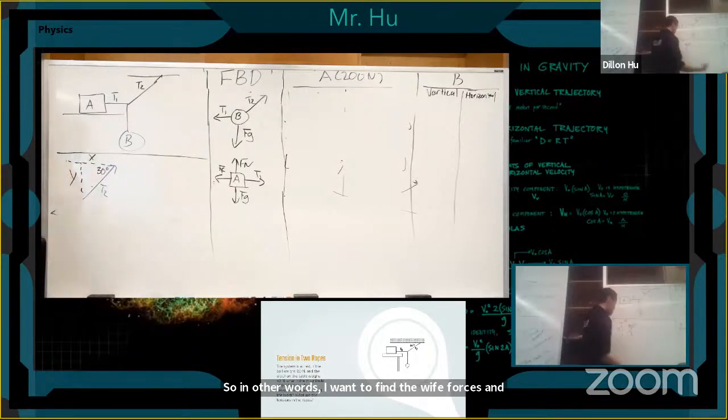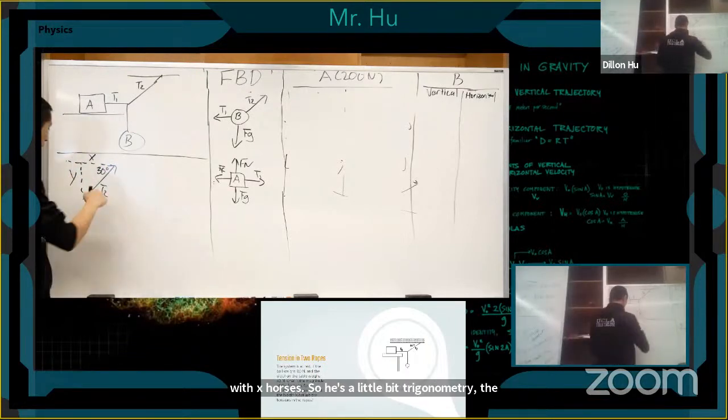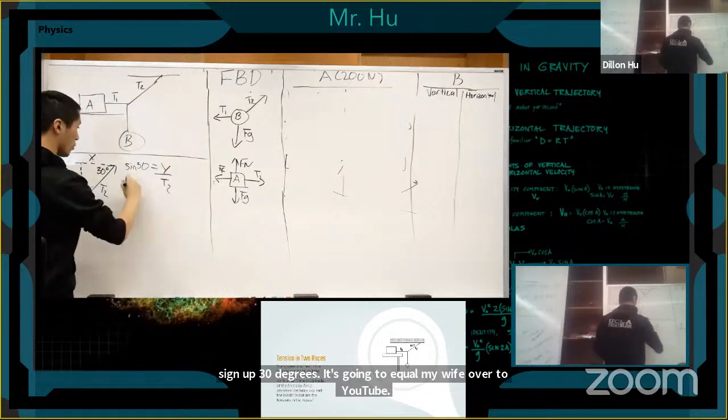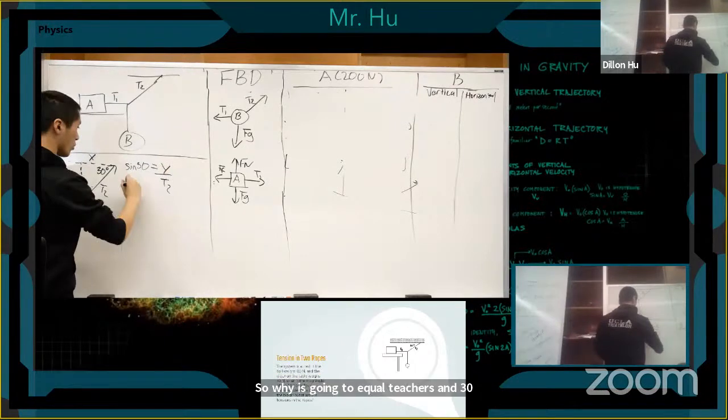Using a little bit of trigonometry, the sine of 30 degrees equals Y over T2, so Y equals T2 sine 30.